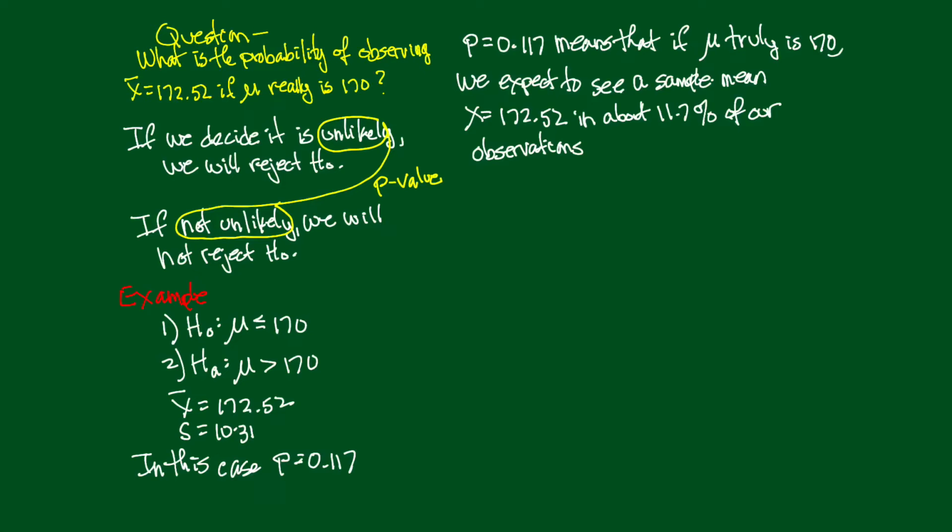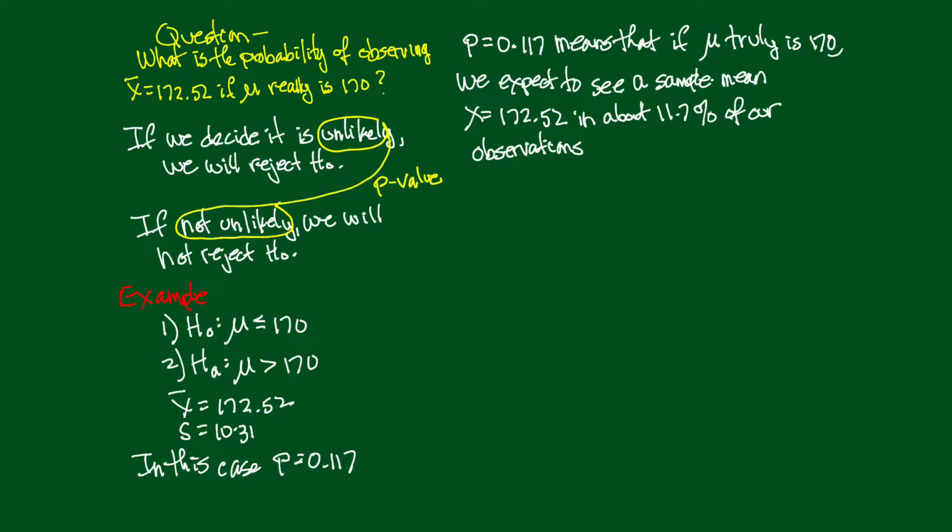Here's what this p-value means. A p-value of 0.117 means that if mu truly is 170, then we would expect to see a sample mean of 172.52 in about 11.7% of our observations.